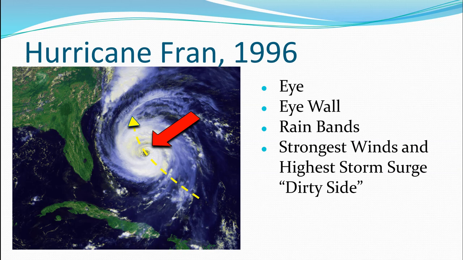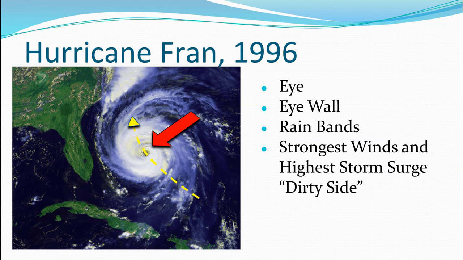And this is the first time I'd ever heard this term used, but with the landfall of Hurricane Laura just in the last couple of weeks of this 2020 hurricane season, I heard some of the meteorologists referring to that eastern side of the storm as the dirty side.